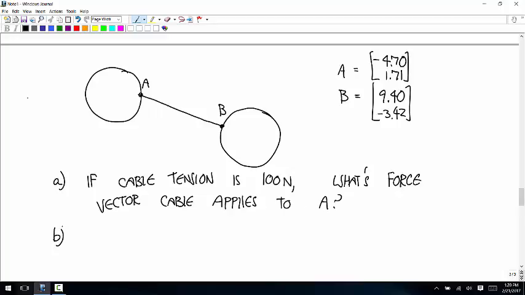And then the second one is the same thing basically, but what's the force vector the cable applies to B, this time if the cable tension is T instead of 100.